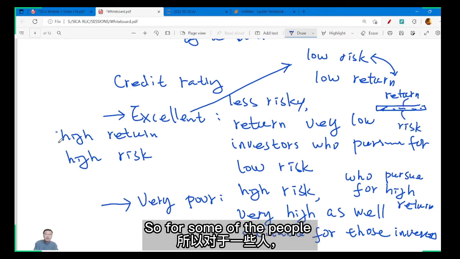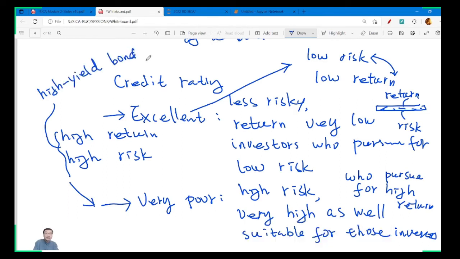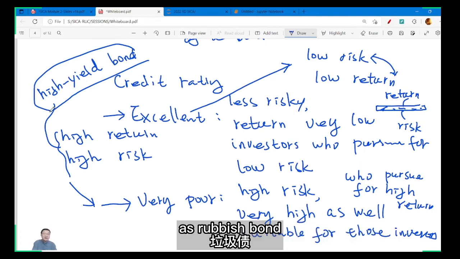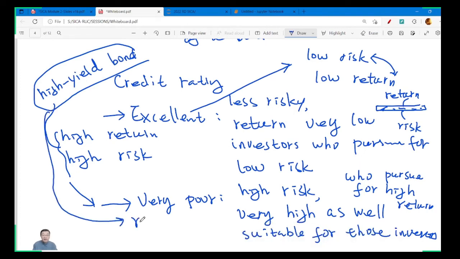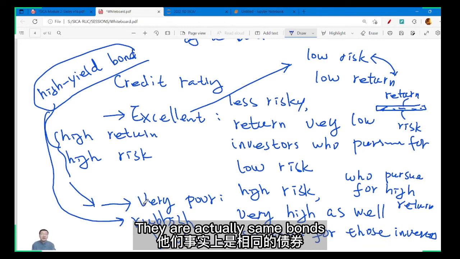Some people also call this kind of bond a high yield bond, while some investors call these kinds of bonds rubbish bonds. Now you know high yield bonds and rubbish bonds are actually the same bonds.